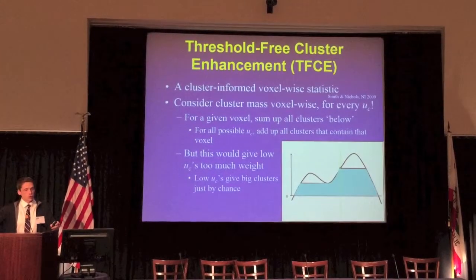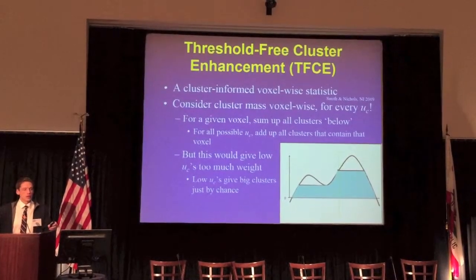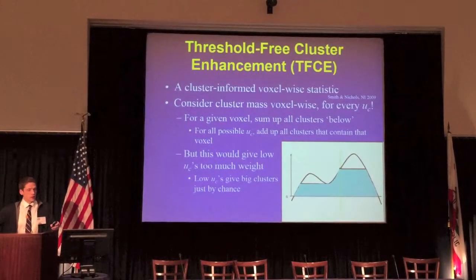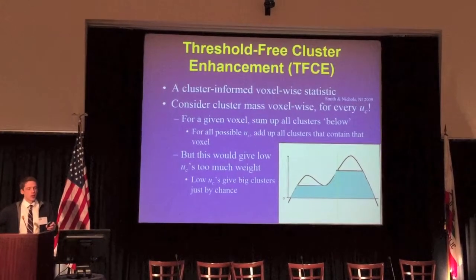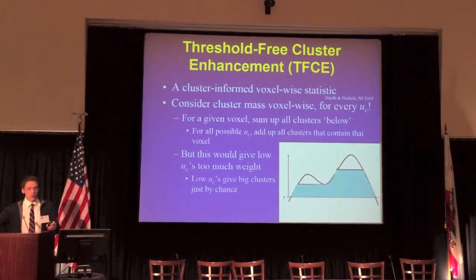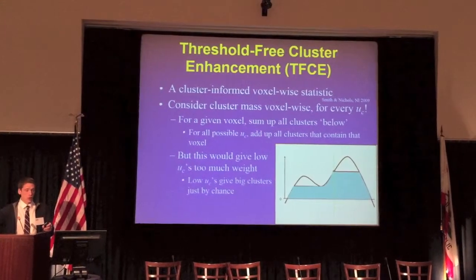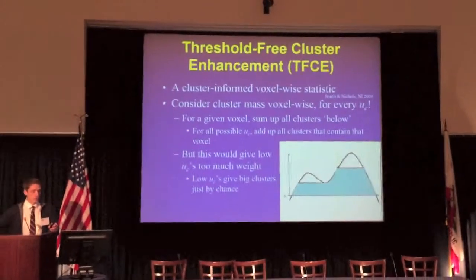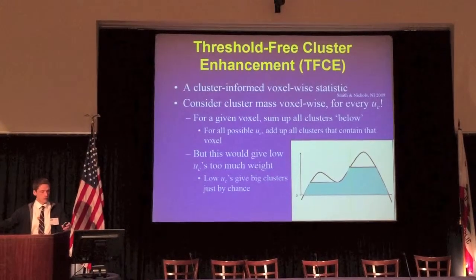For that, there were threshold-free cluster enhancement approaches, abbreviated as TFCE. It's basically a cluster-informed voxel-wise statistic analysis that was published by Steve Smith and Tom Nichols in 2009. And it considers cluster mass voxel-wise for every threshold level, and for a given voxel sums up all the clusters below it.